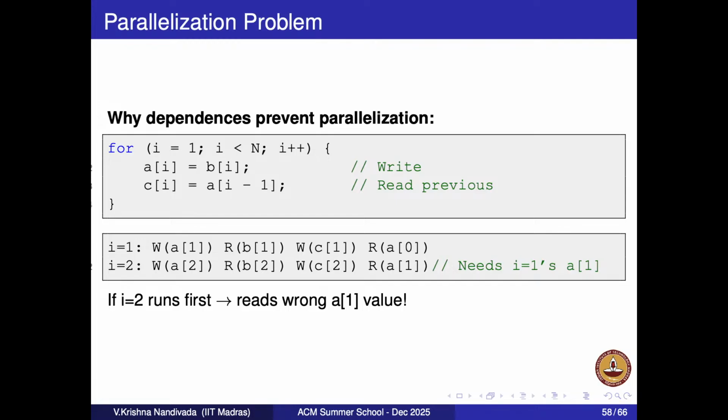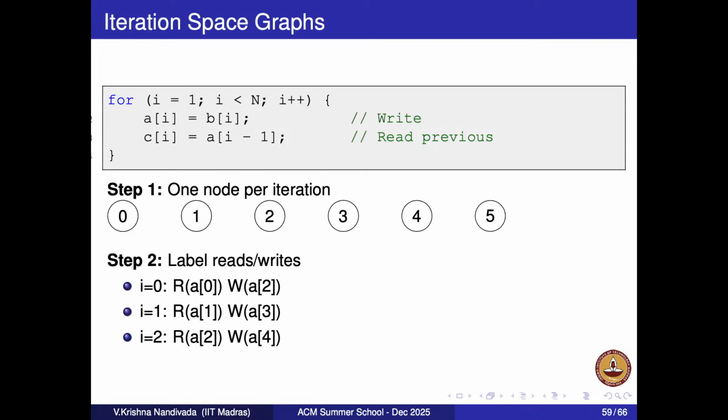So if you look at this, we have already talked about why with the dependence I cannot parallelize. Let's look at this code again. I can represent the program or the loop by focusing on its iteration space.